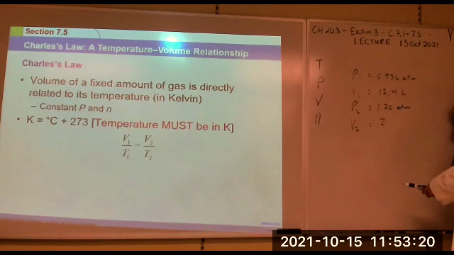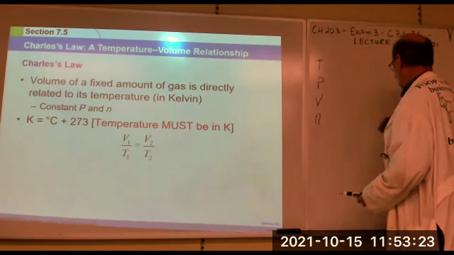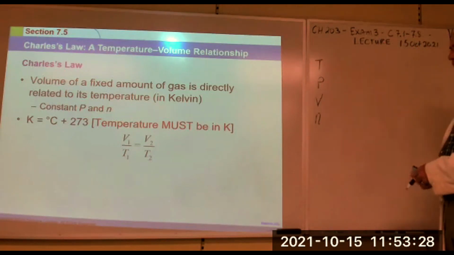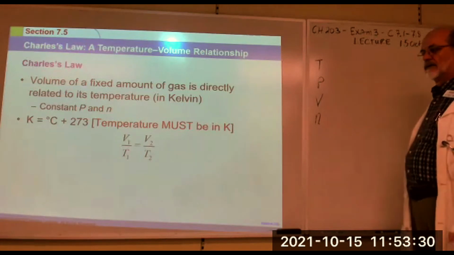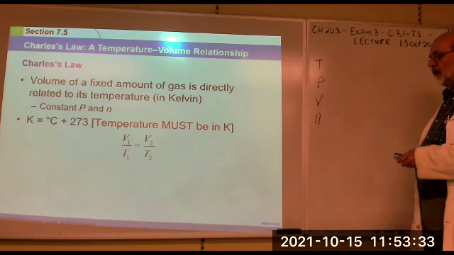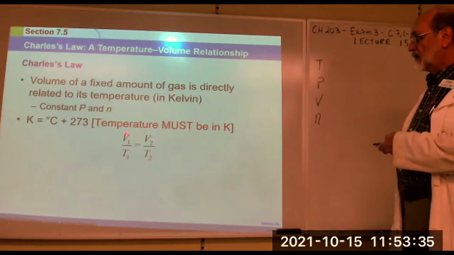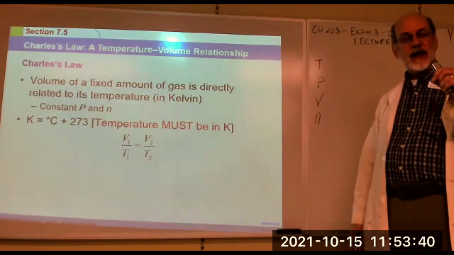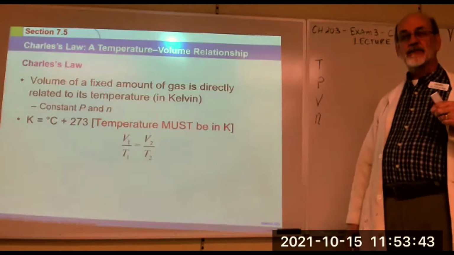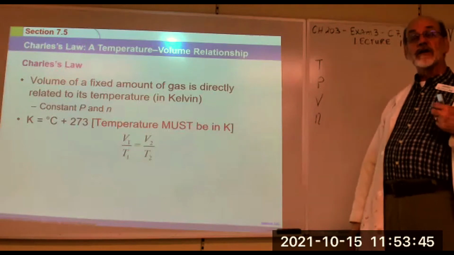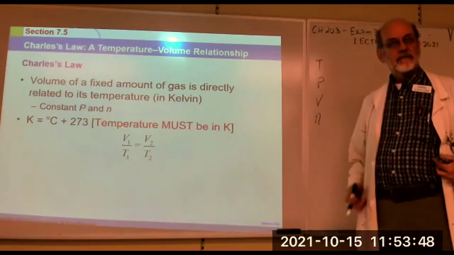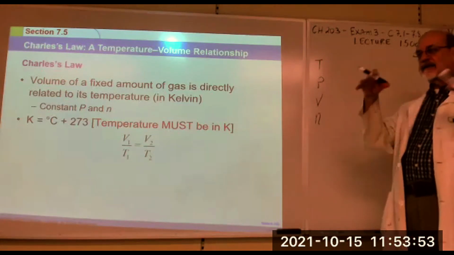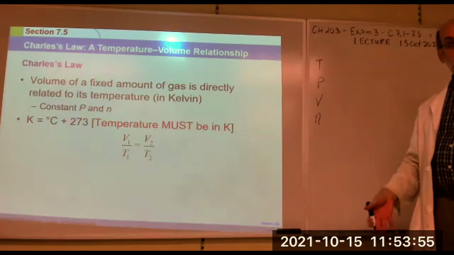Okay, next comes Charles' law. Charles was a Frenchman, and he came along about a century after Boyle. The reason for the delay was the fact that we didn't have a reliable way of measuring temperature. The temperature scales had not been invented, or at least perfected, so that they could be relied upon by any scientist anywhere who could repeat the experiments.